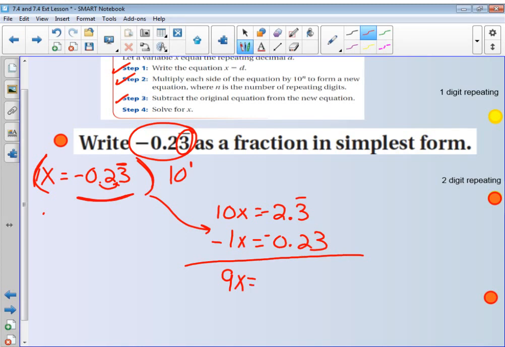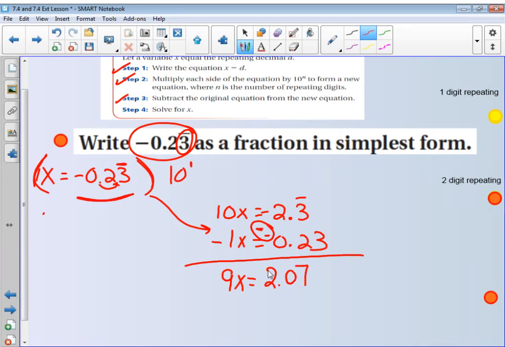Here I have to remember that when I'm doing this, I'm really subtracting a negative, so it ends up kind of being like adding. If you're not comfortable with that process, yes, you can use your calculator. It's going to depend on how your calculator works, so I'm going to have to mess around with mine here a little bit. Negative 2.3, minus negative 0.23, equals negative 2.07.